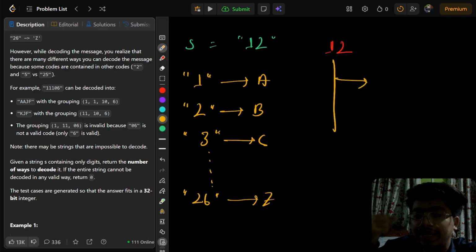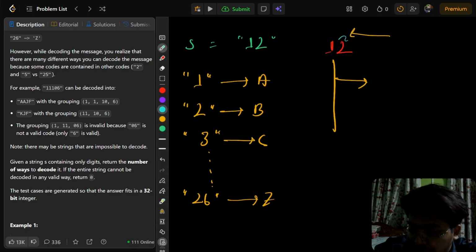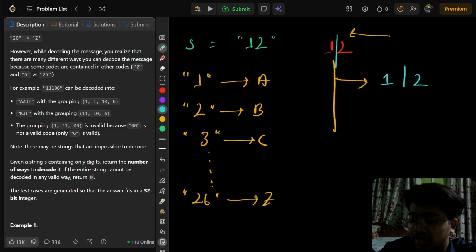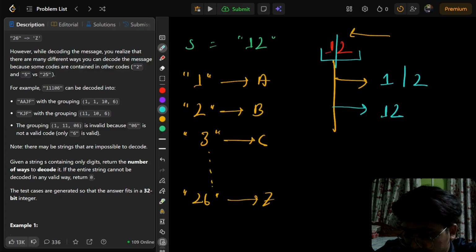Number one, we decode one character at a time, like 1, 2. So this is one way of decoding. The second way is that we decode the entire portion, that means we take the entire 12 together.